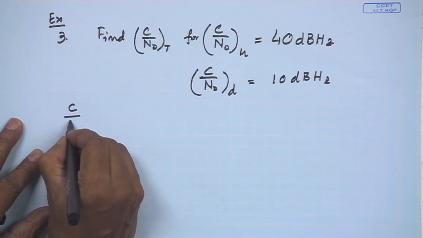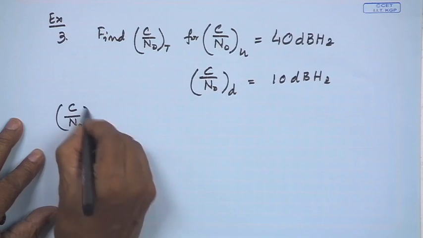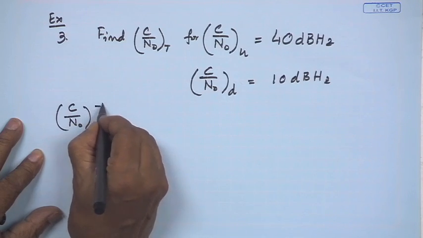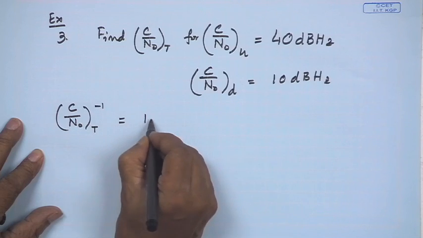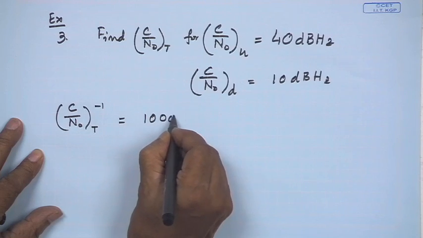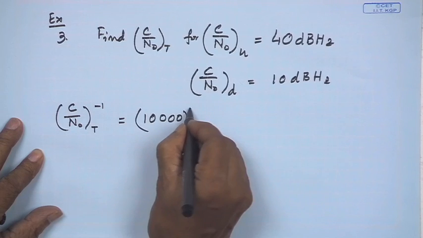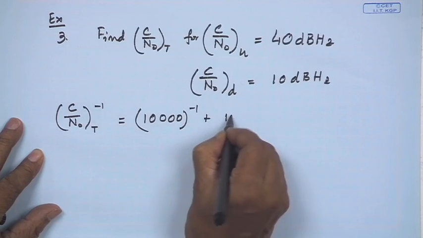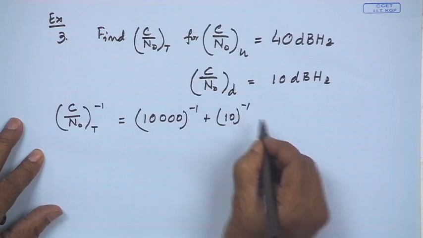So, C by N 0 total inverse is now 40 dB is 10,000 inverse plus 10 inverse.